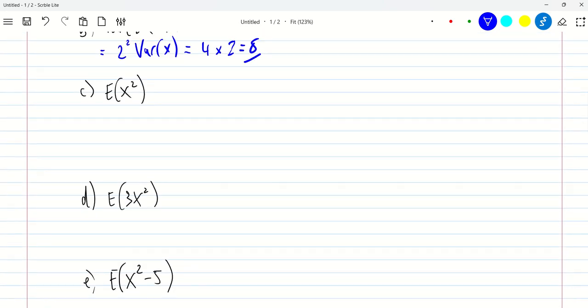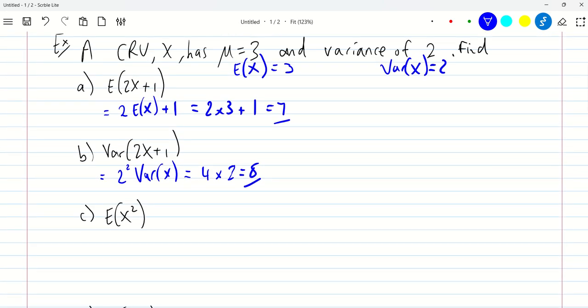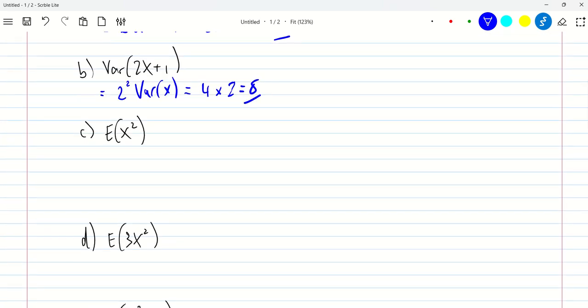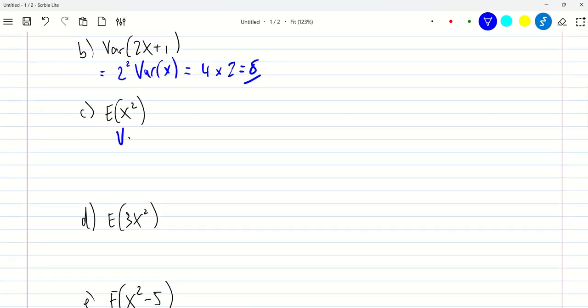Underline these things. Sorry, I'm flying through these. This one's a little bit trickier. E(X squared), how do we do that? We can't do that directly. What we do know is that the variance of X is equal to the expected value of X squared minus the expected value of X, all squared. So we can use that fact.